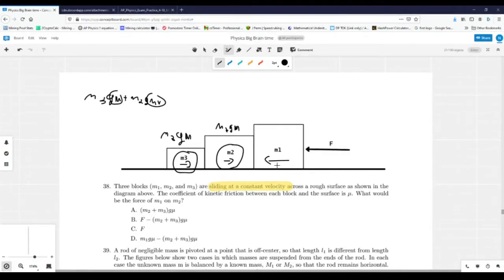Then there is some frictional force on M1 that is pulling this way. The remaining force, so F minus the frictional force of M1, is this arrow here. Then in this one, you have another force that then pushes M3, and there's this force. So this arrow minus this arrow is this arrow. And then lastly, this one will have no net. It will have a frictional force this way, which is identical to the arrow from M2, making the whole system have a net force of 0. Okay.